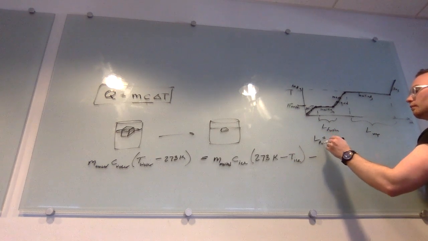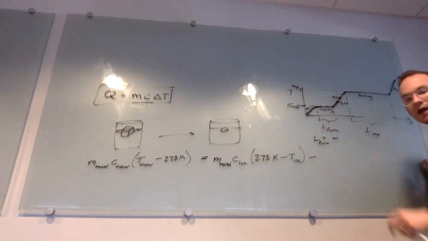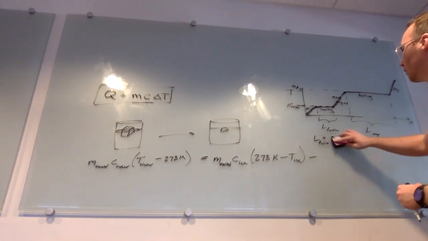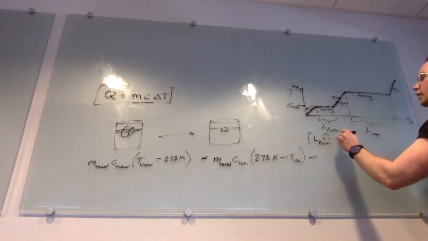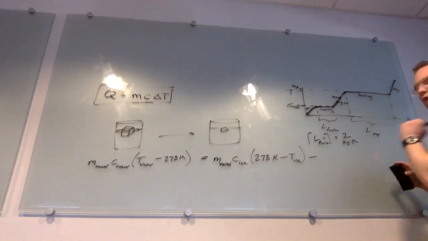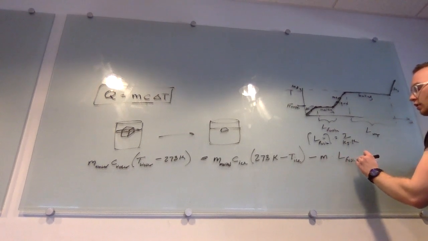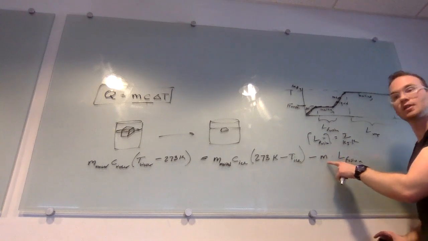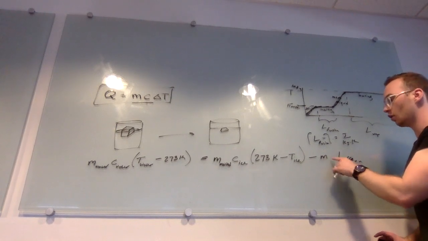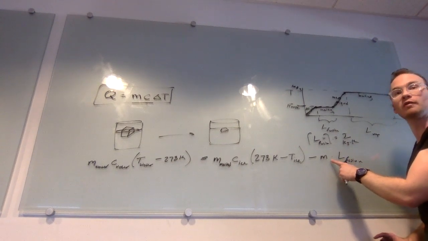It's going to be m times, oh wait, L is the heat of fusion. And I think L has units of joules per kilogram Kelvin. Is that right? So it'd probably just be the mass. So it's going to be some mass times the heat of fusion. What is the mass going to be, though? The mass is going to be the amount of ice that was melted.